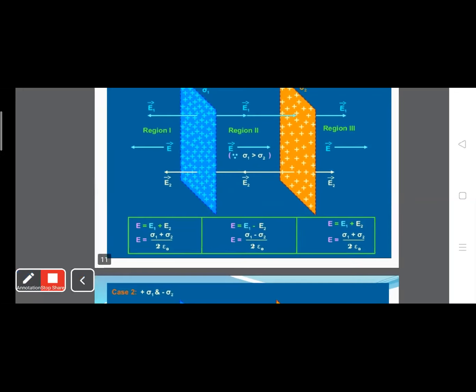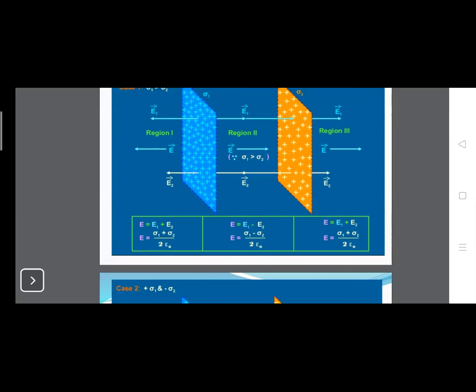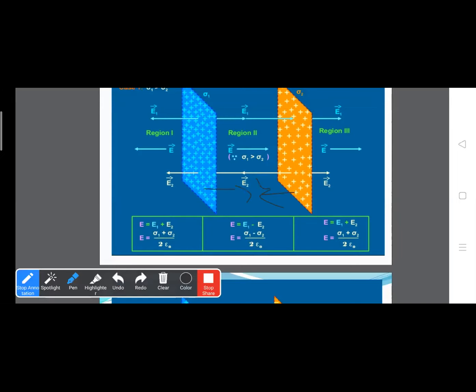The direction of the net electric field will be from plate 1 to plate 2, since sigma 1 is greater than sigma 2. Okay. So on solving, we found that the electric field at point B is given by sigma 1 minus sigma 2 upon 2 epsilon naught.